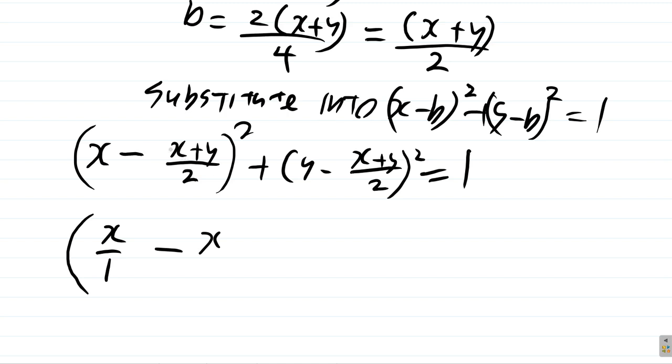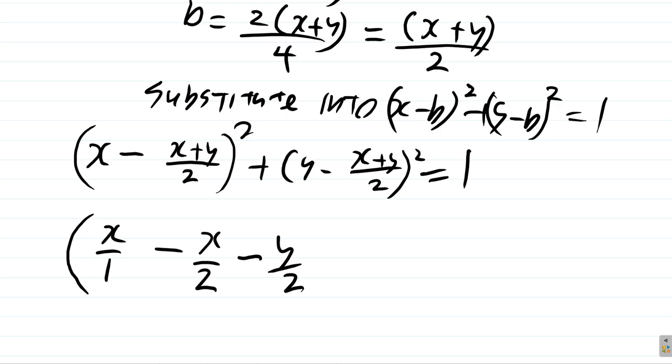Remember, this would be minus x over 2. And then here is not plus y over 2, you know. It's going to be minus y over 2. Because it's like we have this in a bracket. And it's like this is negative 1 times what is in the bracket. So the negative 1 will make each item in the bracket negative. So you have to be careful here. Alright?